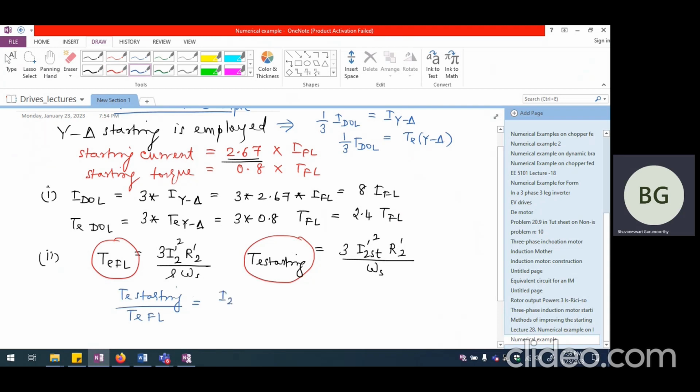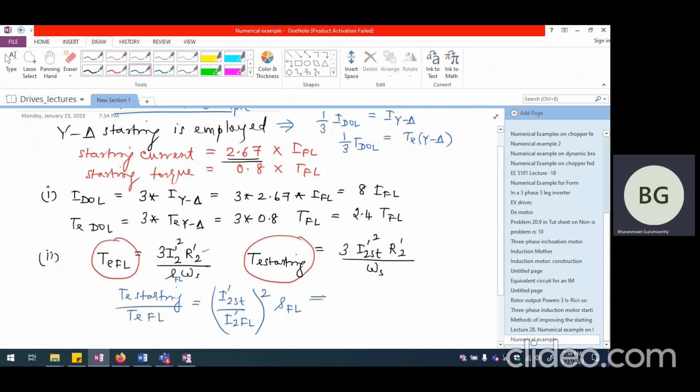So I should be able to write this as I2 starting divided by I2 full load, dash I can put for both, whole square, multiplied by omega S, and omega S will get cancelled. R2 dash and R2 dash will also get cancelled. So the only thing I have is, if I call this full load slip, I should multiply this by full load slip. That's all. So this is the ratio of starting torque to full load torque.